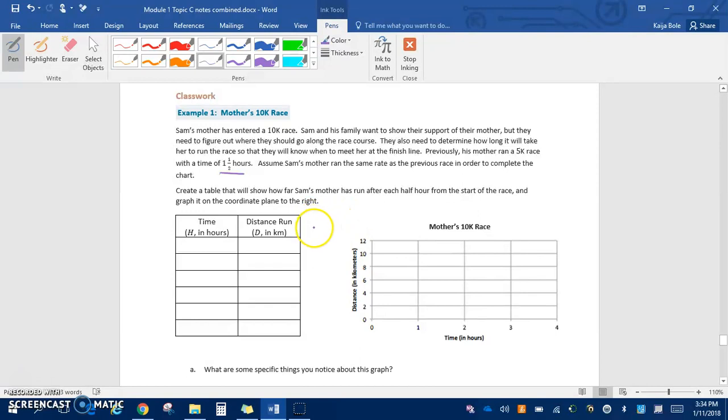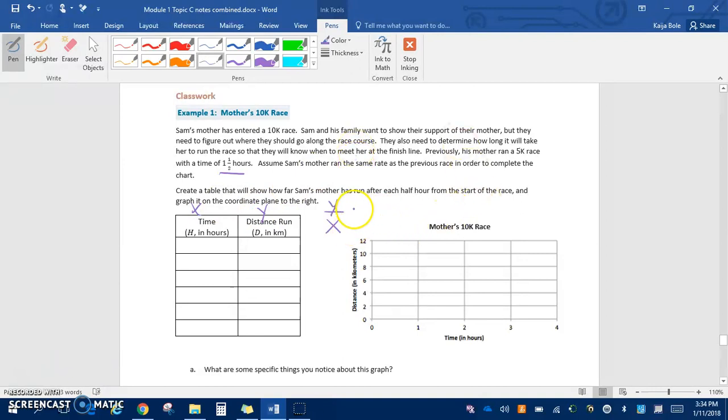It says create a table that will show how far Sam's mother has to run after each half hour from the start of the race, and then graph it on the graph to the right. So first we need to find our constant, which we know is y over x, right? So we know that our time here is going to be our x, and our distance is going to be our y.